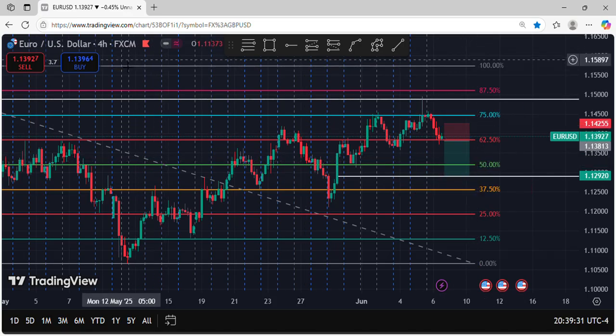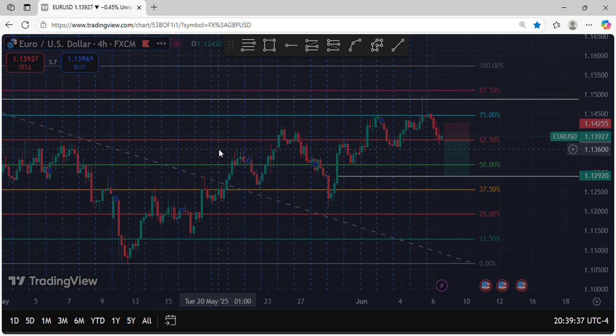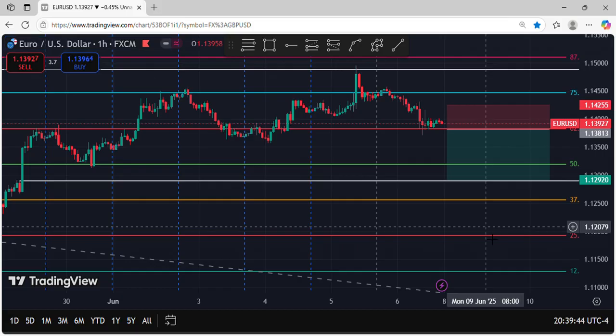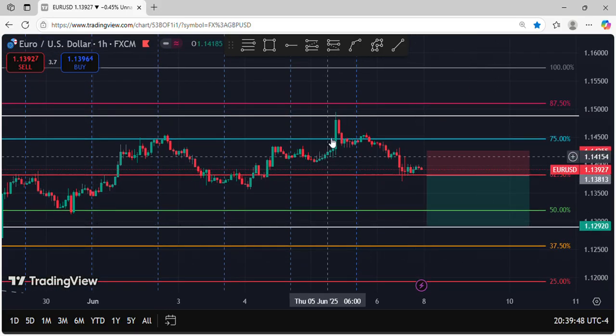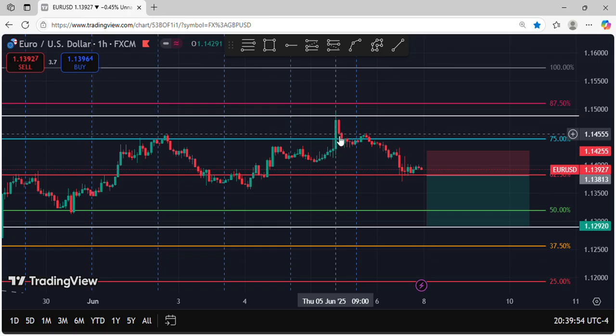Now moving into the 1 hour, to make things clearer for us. Once all of these have already been established, we've seen that once we traded below the 75 DRT level, we disrespected this fair value.